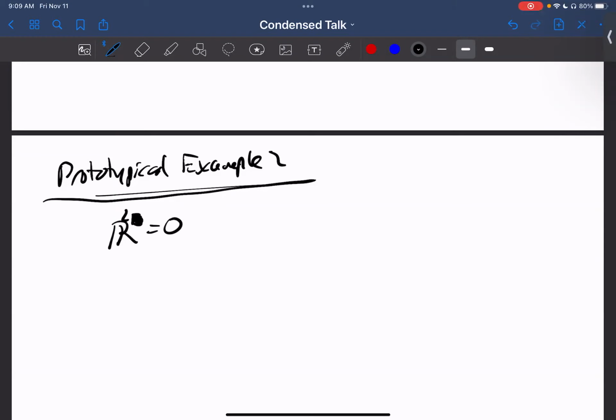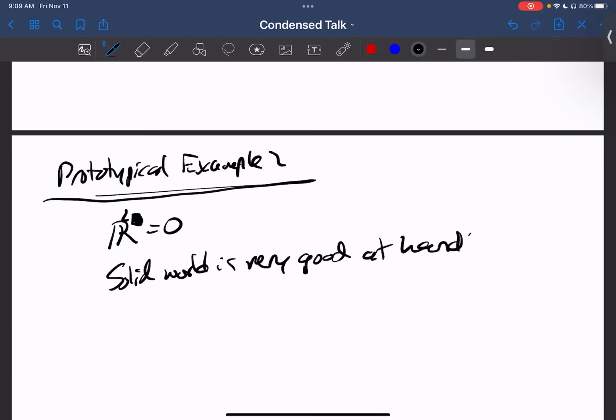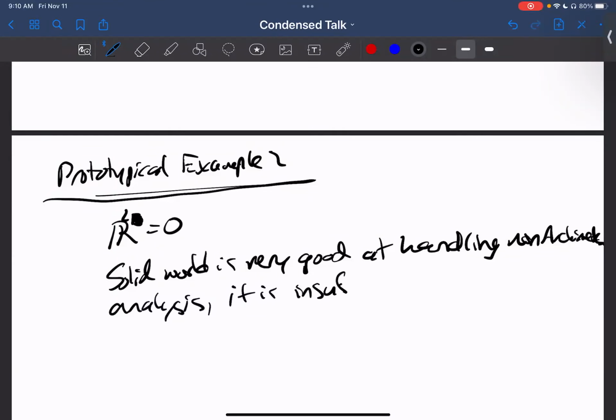So this tells us that while the solid world is very good at handling non-Archimedean analysis, it is insufficient for Archimedean analysis.